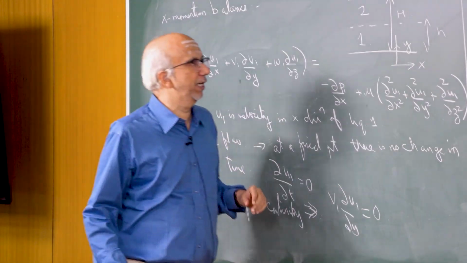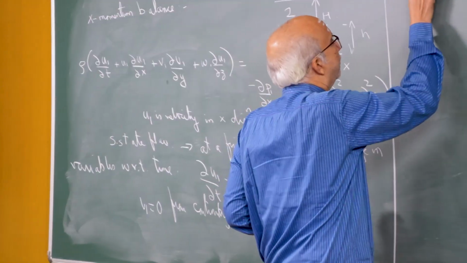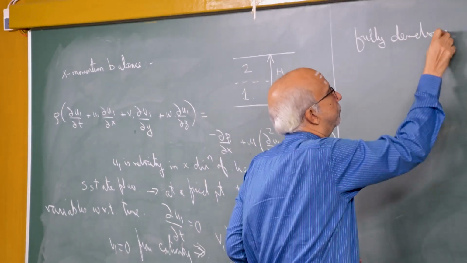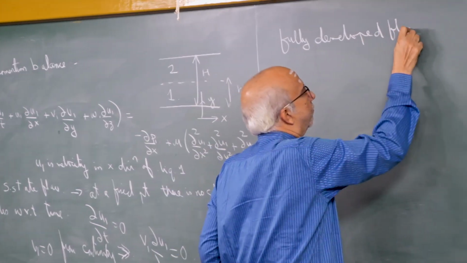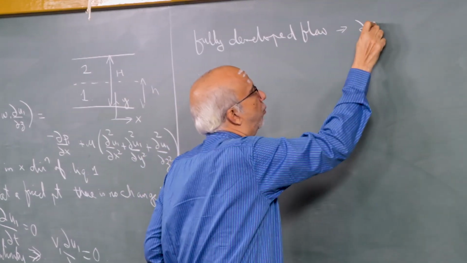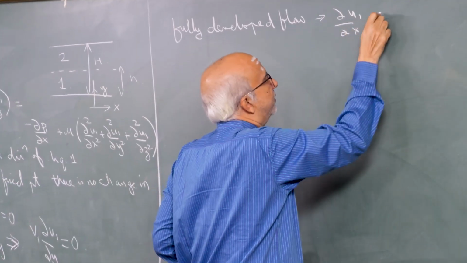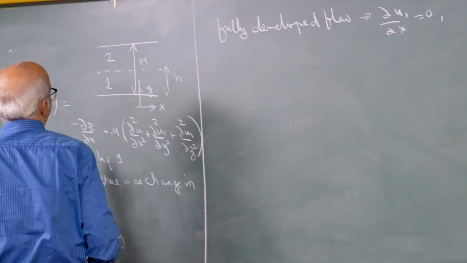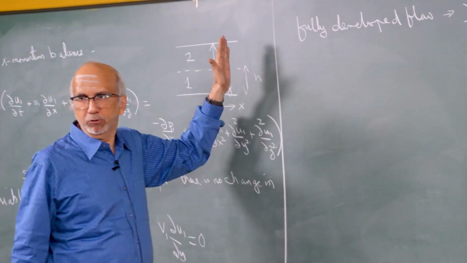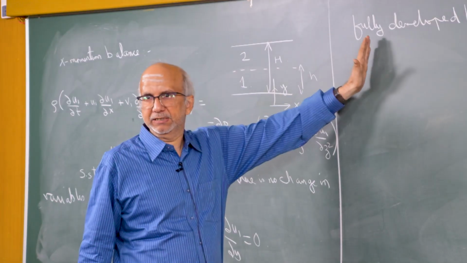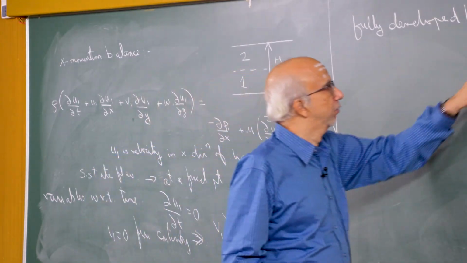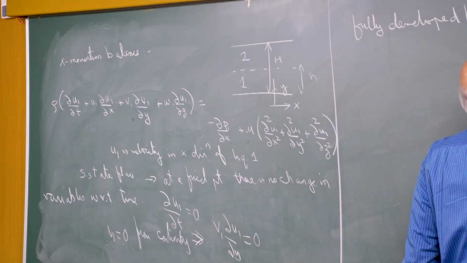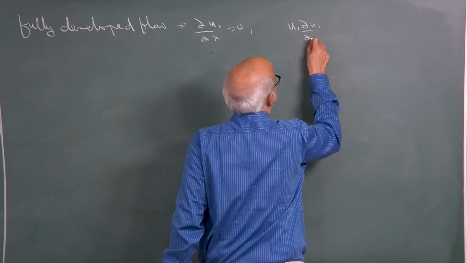We have assumed fully developed flow. Therefore, du1/dx is 0. Fully developed means there is no change. Whatever you see at a particular x is the same as some other x. So, du1/dx is 0, and this implies that u1 du1/dx is 0.